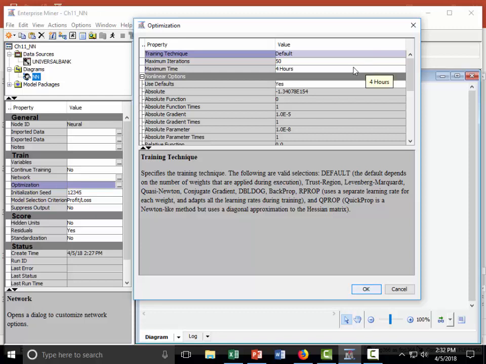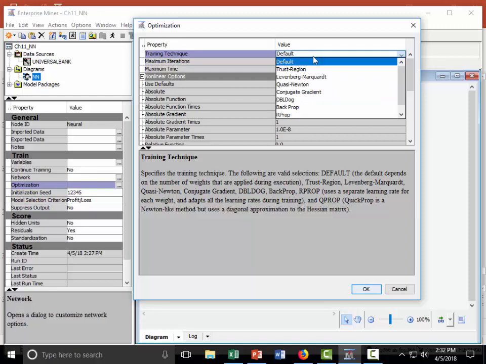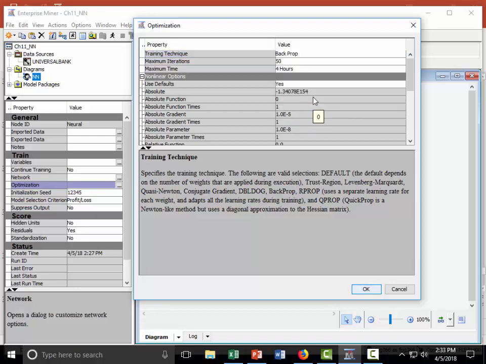So here the default will be, you're leaving it up to SAS to figure out what would be the best. So you go through some computations to figure out what would be the best method. Okay. So there are several of these. Now these last three are the propagation methods. If you use any one of these three, like back prop.